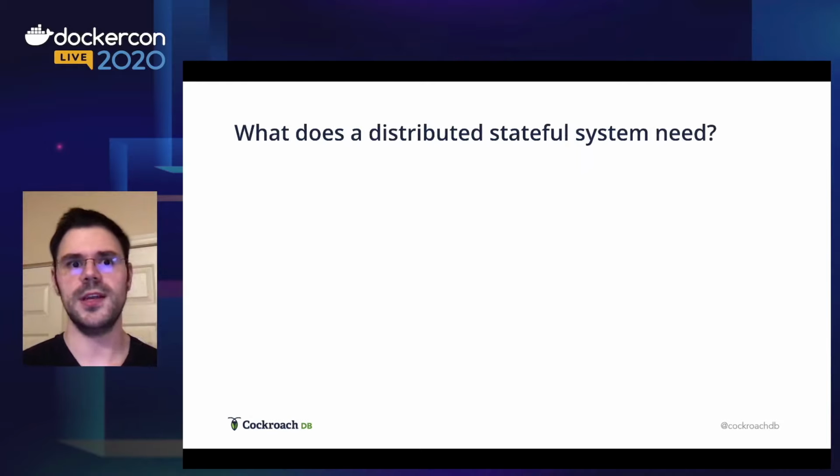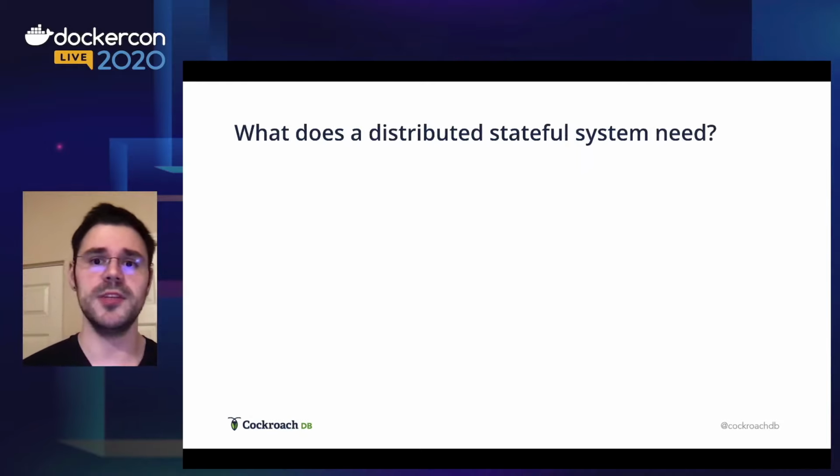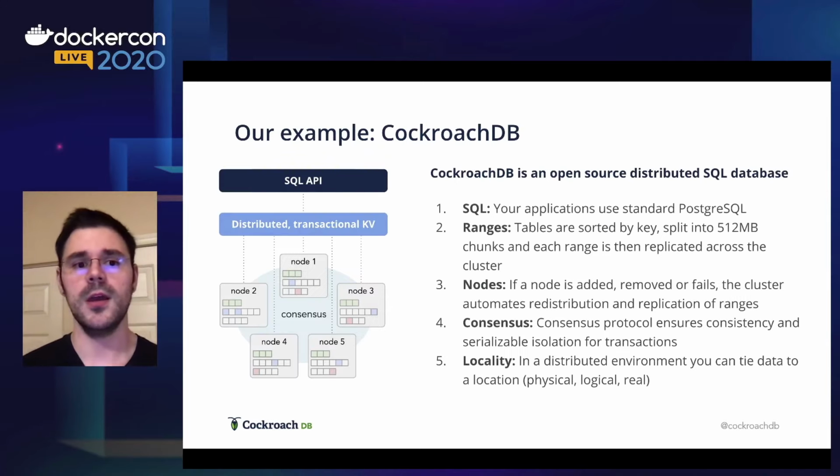To better understand the requirements of a distributed stateful system, we're going to take a look at CockroachDB. Hopefully you've heard of us. If not, CockroachDB is an open source distributed SQL database. Some of our key concepts are that we use standard PostgreSQL. Data is chopped up into chunks we call ranges that are replicated and distributed across the entire cluster.